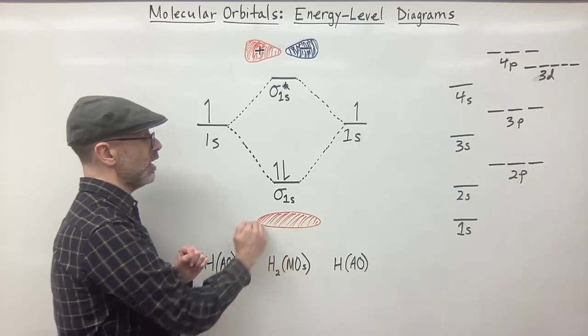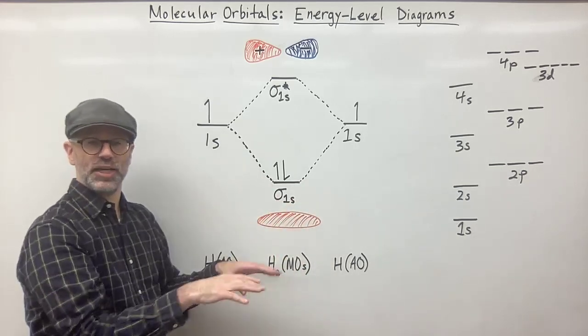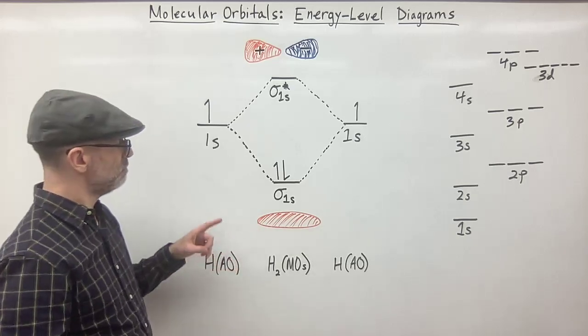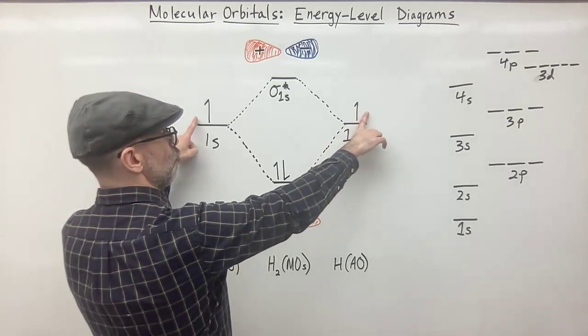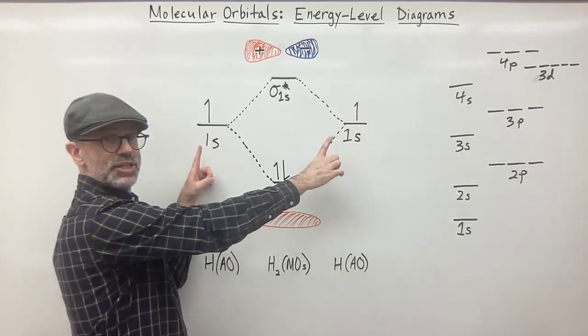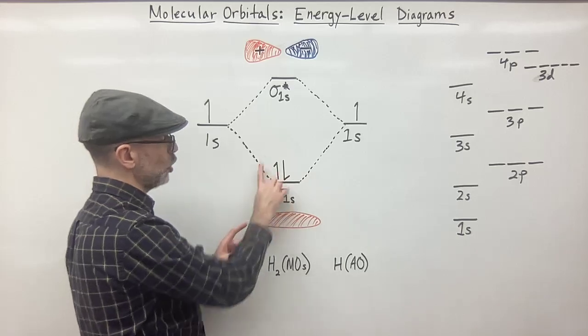So when the nuclei are sharing the electrons, that lowers energy, and they want to have that lower energy. So what's going to happen is that the two electrons at this higher energy level are going to prefer to be at the lower energy.